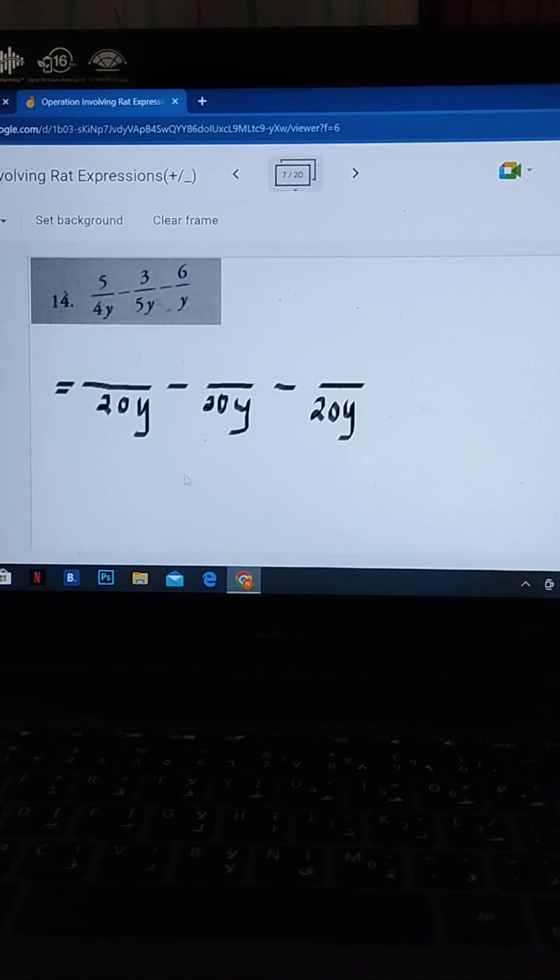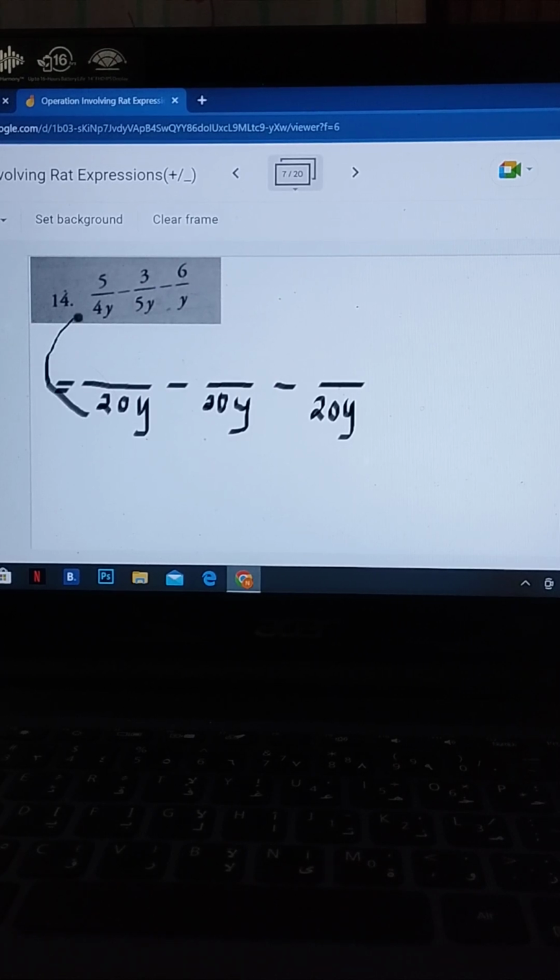Number 7, 20y divided by 4y is equal to 5, times 5 is 25. Next, 20y divided by 5y is equal to 4, times 3 equal to 12. 20y divided by y is 20, times 6 is 120.